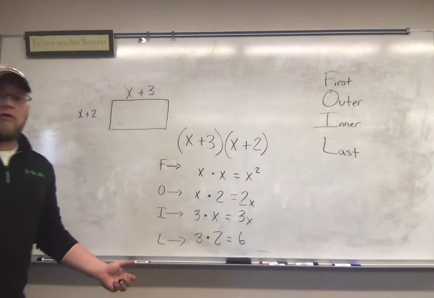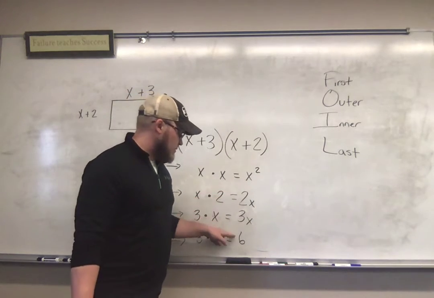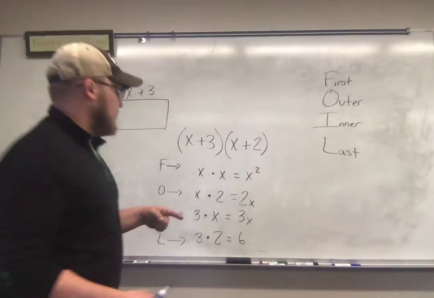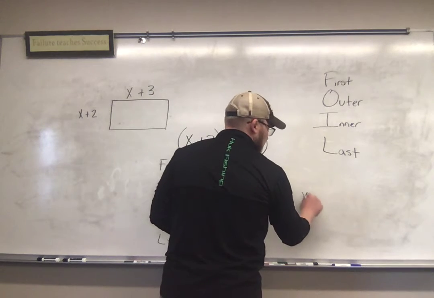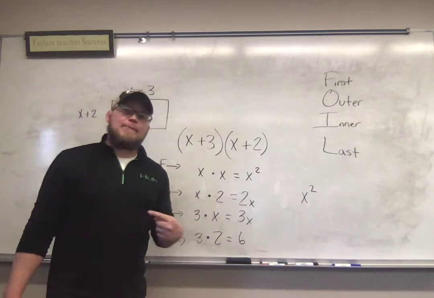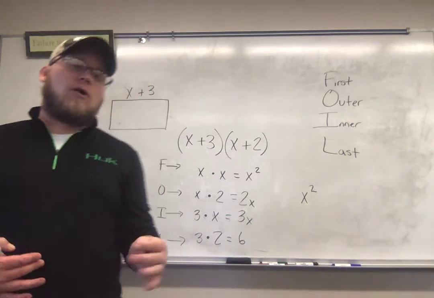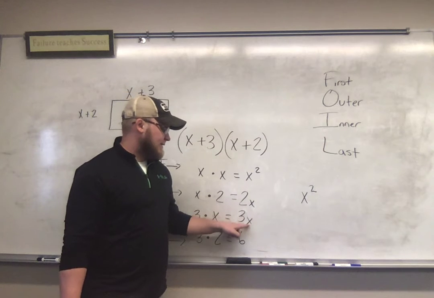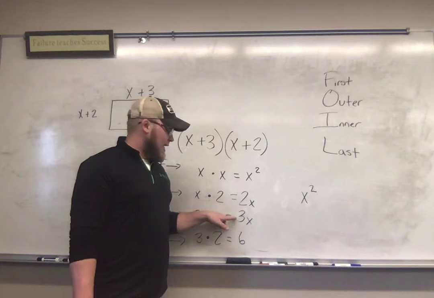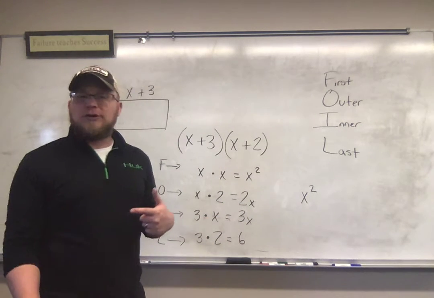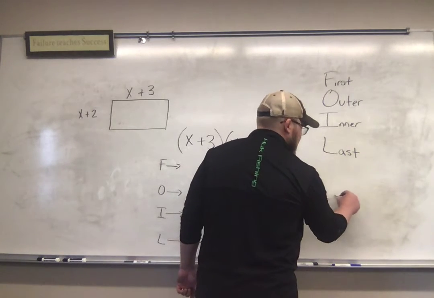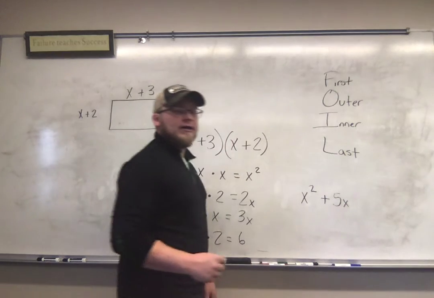So now we're going to put all of these 4 answers together in one answer. And you always start with the exponents first. So I'm going to list my exponents, which is x squared. So the top row is done. And now you got to combine the other ones that are like terms. Well, the only other ones that are like terms are these x's. I have 3 x's here. I have 2 more here. So you're going to combine these together. 3 plus 2 is going to be 5x, and that's a positive number, so you're going to write plus 5x.